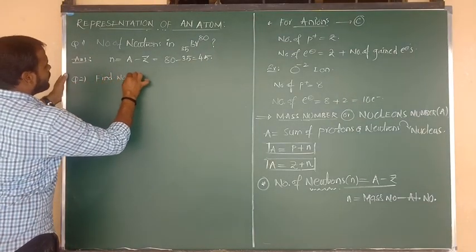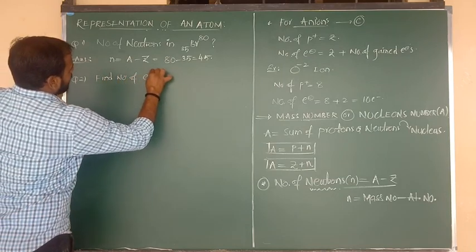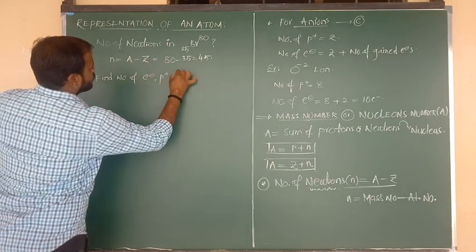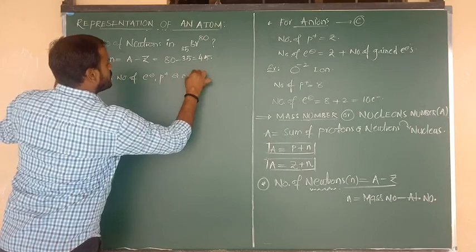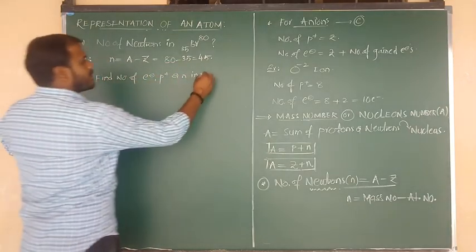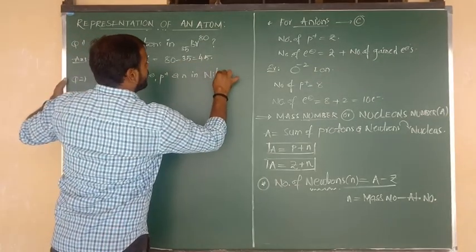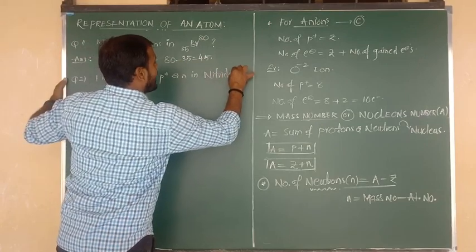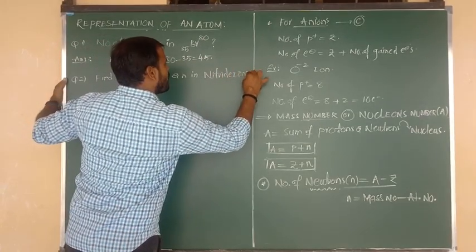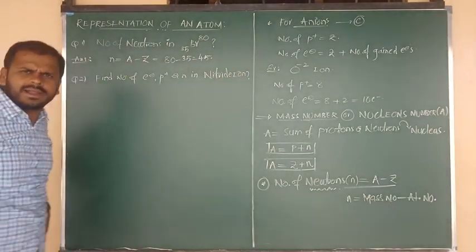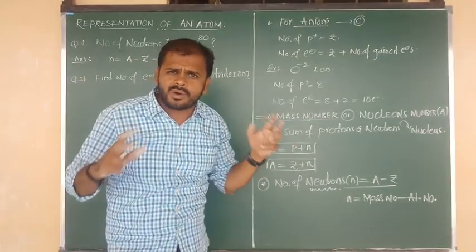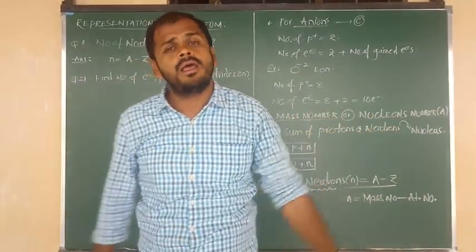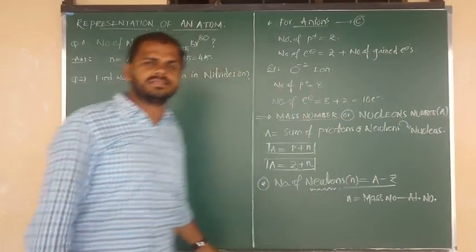Find the number of electrons, protons and neutrons in the nitride ion. Very important question. Not only nitride ion, but oxide ion, phosphide ion, any number of species you can consider.